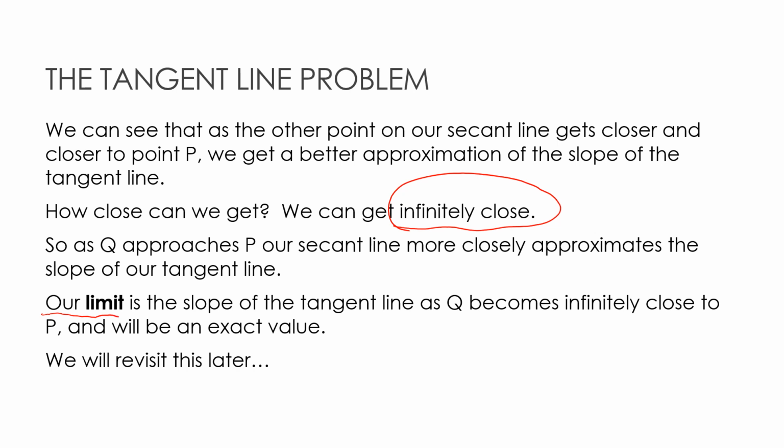So our limit is the slope of the tangent line as Q, where Q is that second point that we created, becomes infinitely close to P, and it's going to be the exact value. Now how do we do that? We're going to talk about that later. That's just an idea of what the tangent line problem is all about.